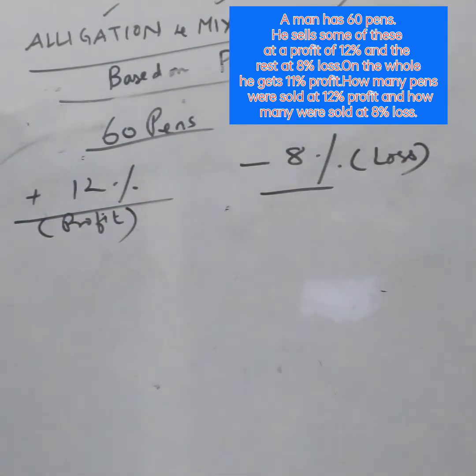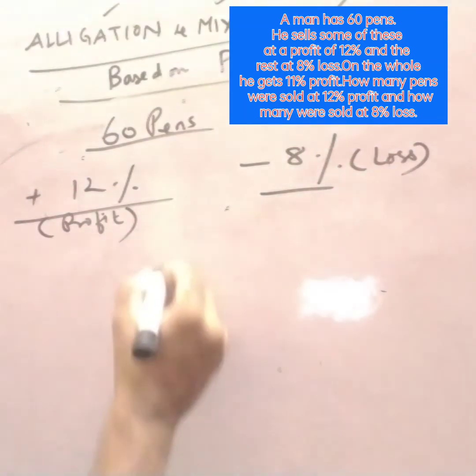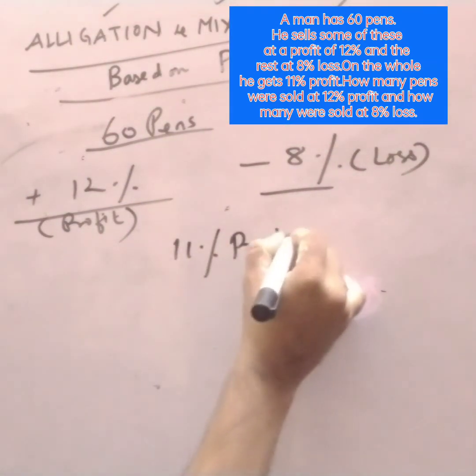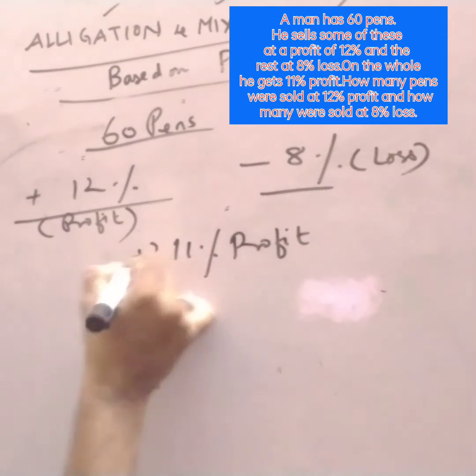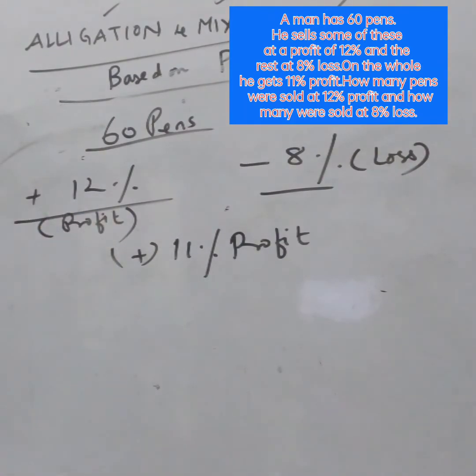So the man has 60 pence. Some pence is sold at 12% profit, some at 8% loss. Overall, on the whole, he is getting 11% profit. This is also plus. The question is, how many pence were sold at 12% profit and how many were sold at 8% loss?